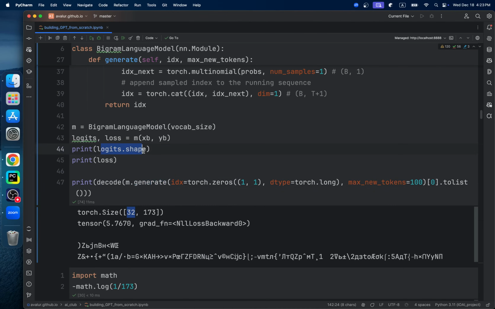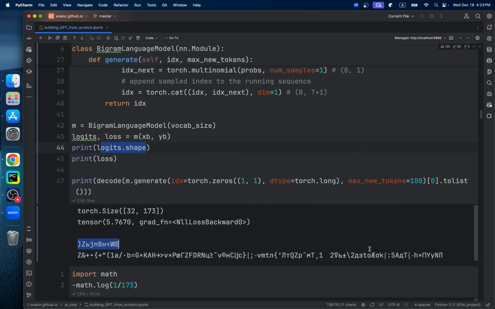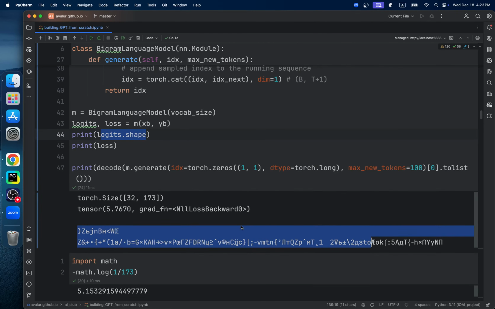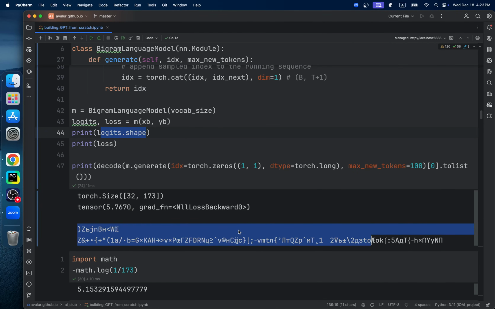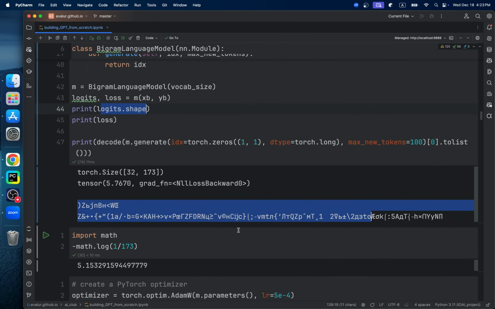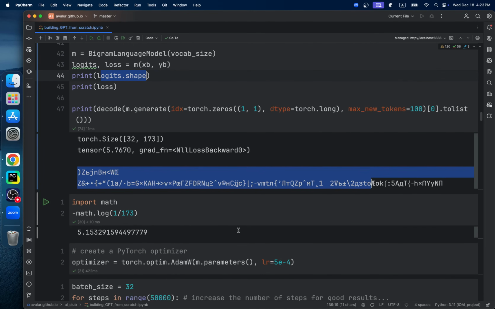So this is the logit shape, 32 by 173, and the result is some random characters. You see here about 100 random characters, because we don't train this model, but we can train it and get some results.